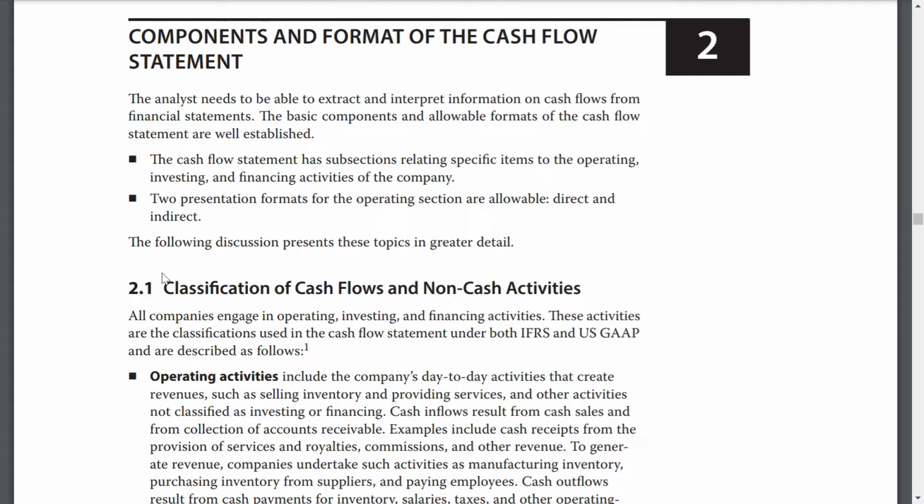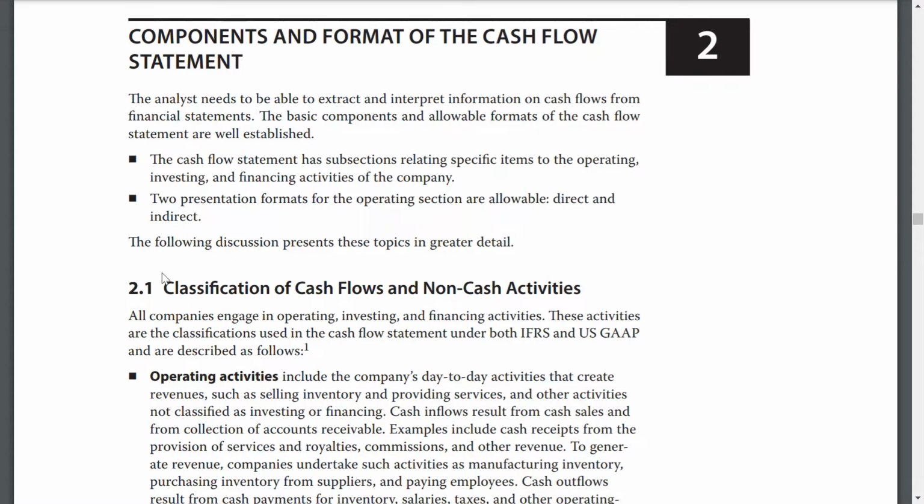The basic components and allowable formats of the cash flow statement are well established. The cash flow statement has subsections relating specific items to the operating, investing, and financing activities of the company. Two presentation formats for the operating section are allowable, direct and indirect. The following discussion presents these topics in greater detail.